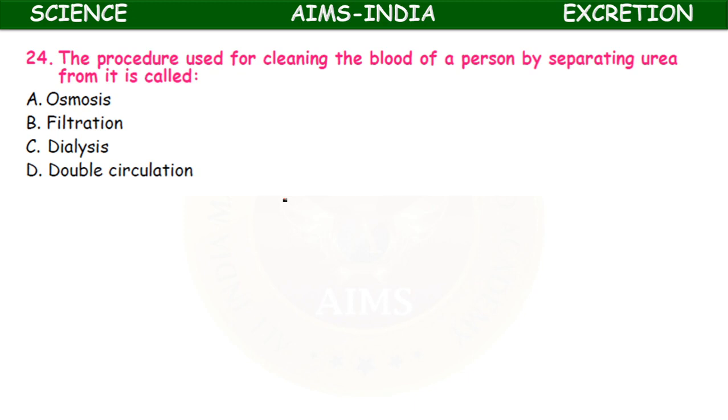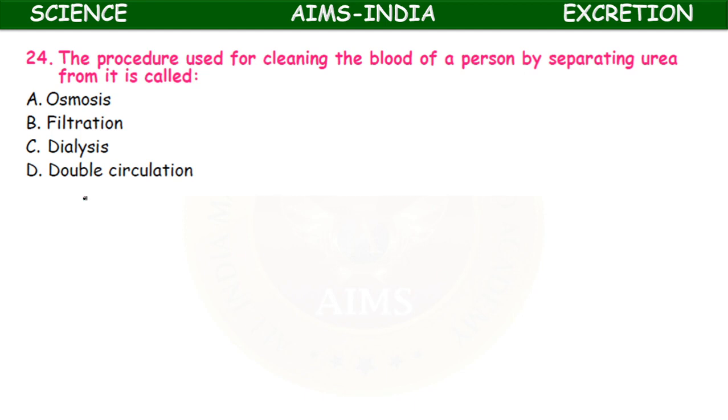The procedure used for cleaning the blood of a person by separating urea from it is called osmosis, filtration, dialysis, double circulation.